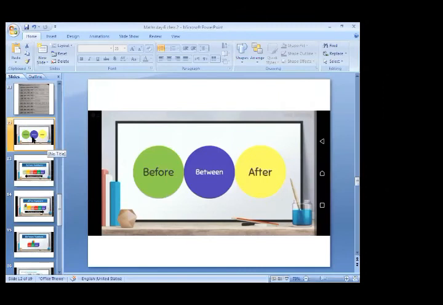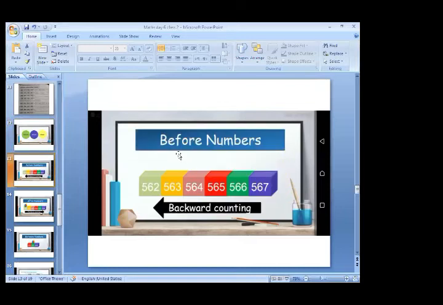Now, how to find out the before, between and after number. So there are some 3-digit numbers. To find out the before number, we count the numbers backward. So here the number is 567.